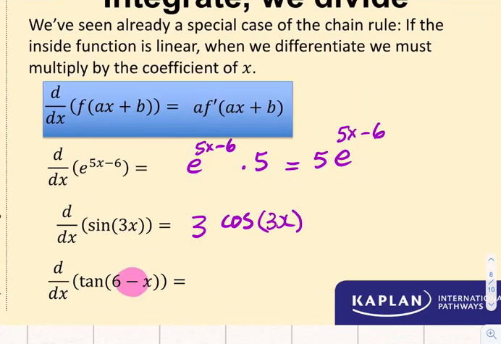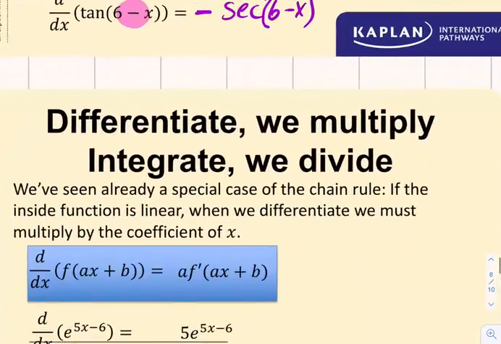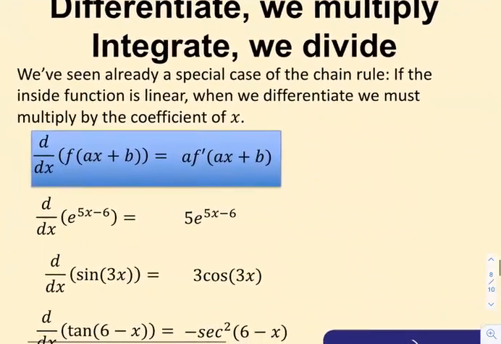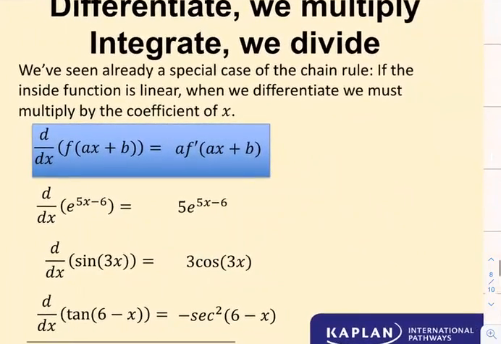So this is going to be minus secant squared of 6 minus x, right? That's here. These are the answers for them as well. I hope this is clear now. Right.